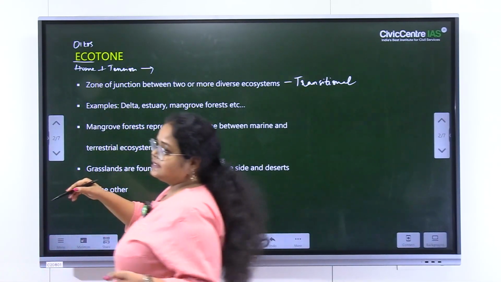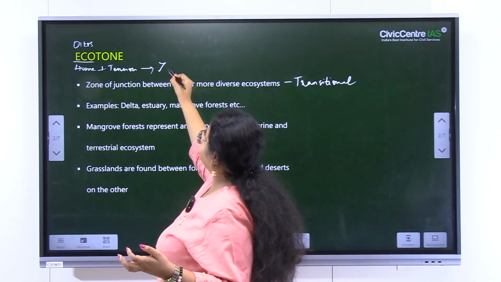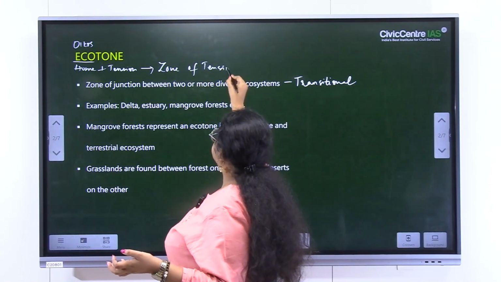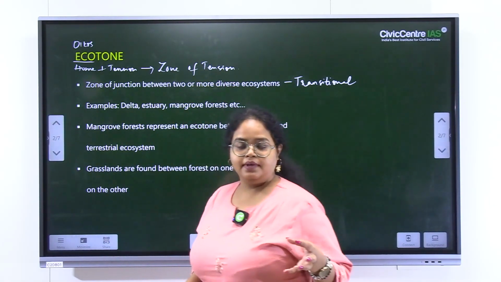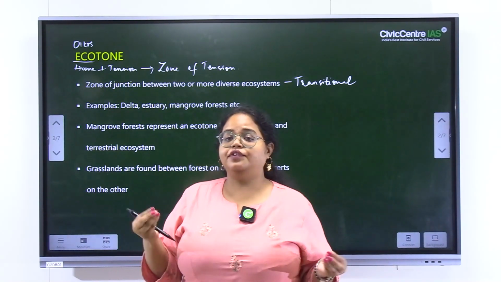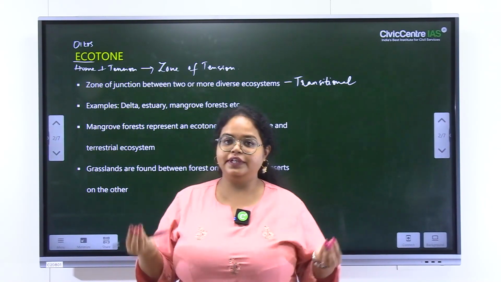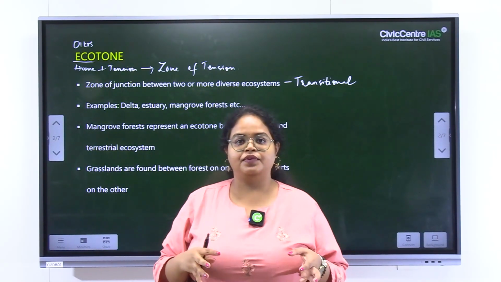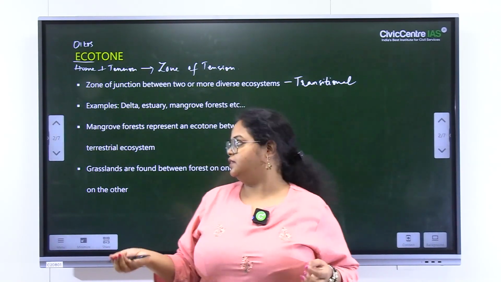So we can say that ecotone is a zone of tension because it is an intermediate ecosystem between two ecosystems. If there is any imbalance in either of the ecosystems, it will always affect the transitional zone. So it's always a zone of tension.